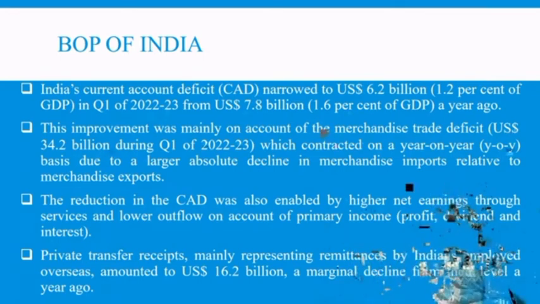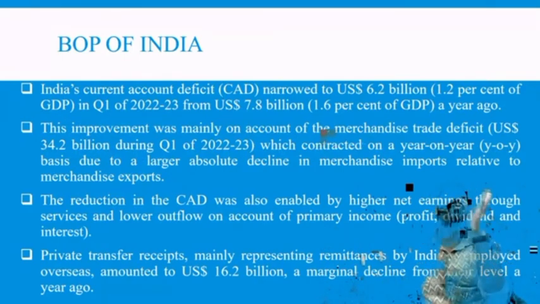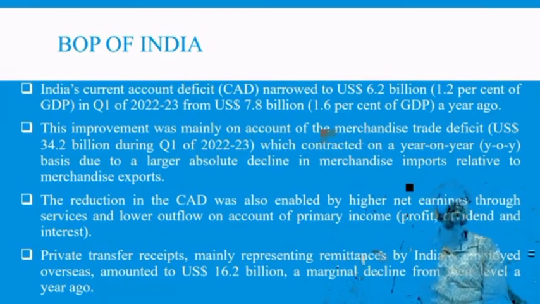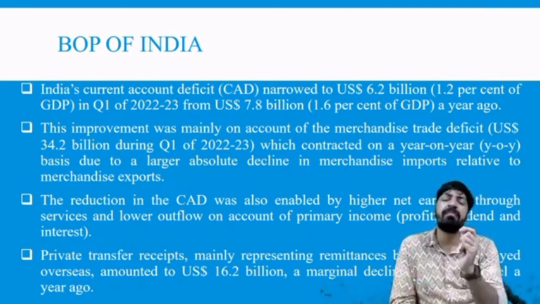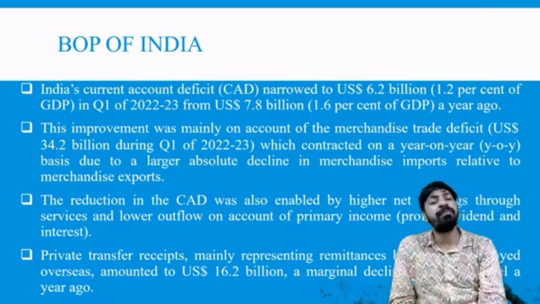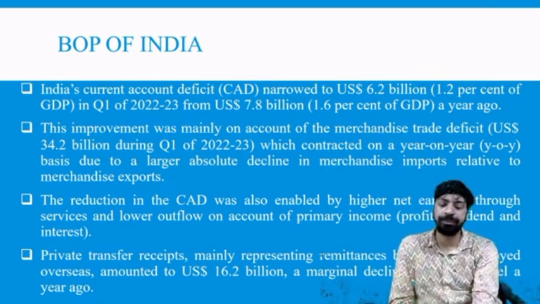There is also a reduction in the current account deficit through huge net earnings. Private transfer receipts have also improved in India compared to overseas, earning 16.2 billion, which is a slight margin decline compared to last year.